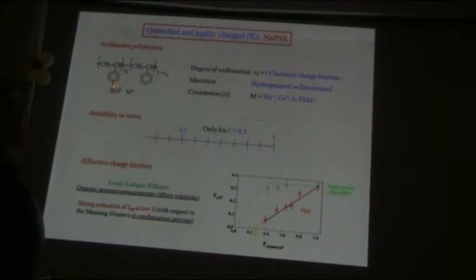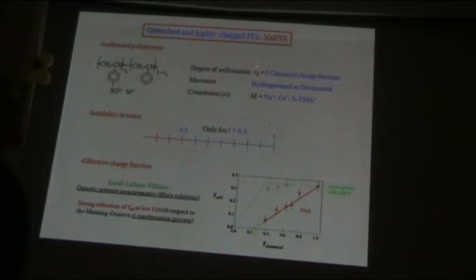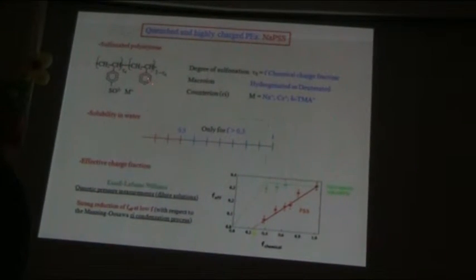Here you have replaced the hydrogen atom by this SO3 minus group, and you have counterions, which could be monovalent or divalent. You have different monovalent counterions which can be used. Some counterions can be deuterated, which is important for neutron scattering, and the macroion can also be hydrogenated or deuterated.